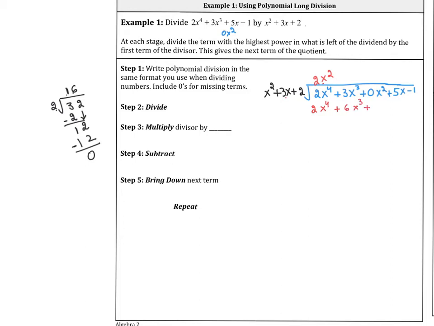And then 2x squared times 2 would be, no, 4x squared, sorry. So that's going to be 4x squared.